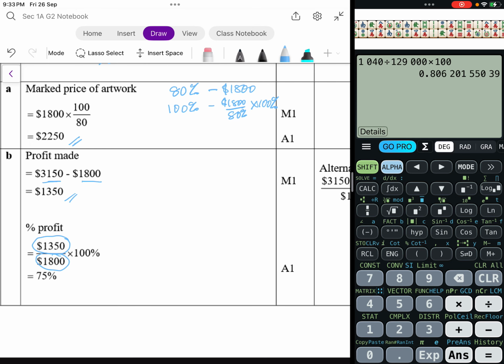So 1350 divided by 1800 times 100%. So out of the price she paid, she made 75% profit, because she made 1350.